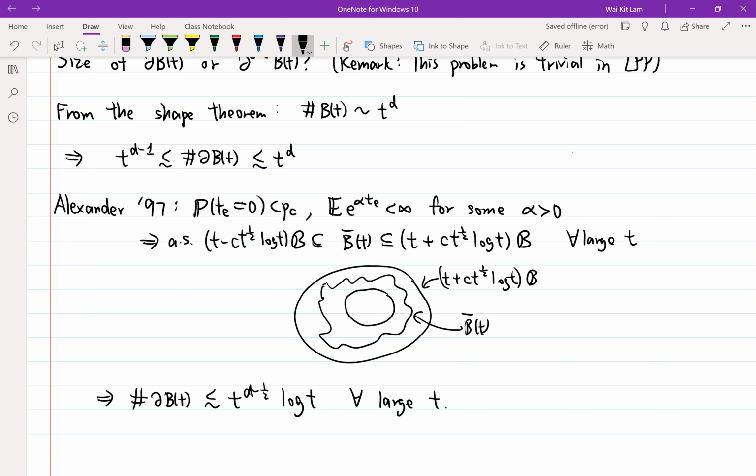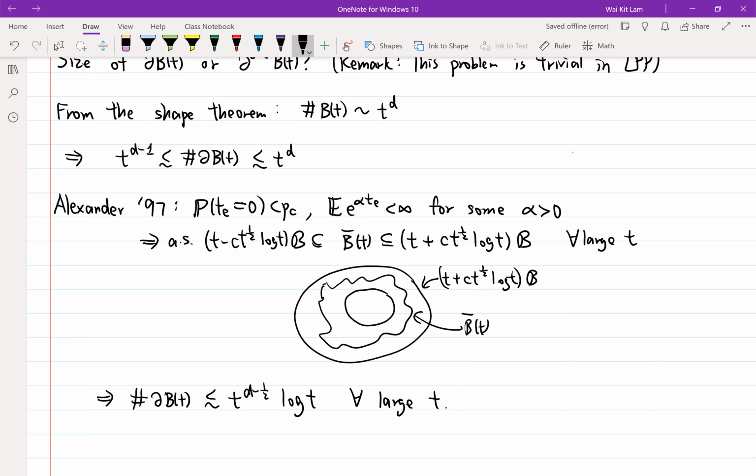But of course, this upper bound is still not good enough, because we know that the lower bound is t to the d minus 1, and the upper bound now is t to the d minus 1/2. These two bounds are quite far apart from each other.